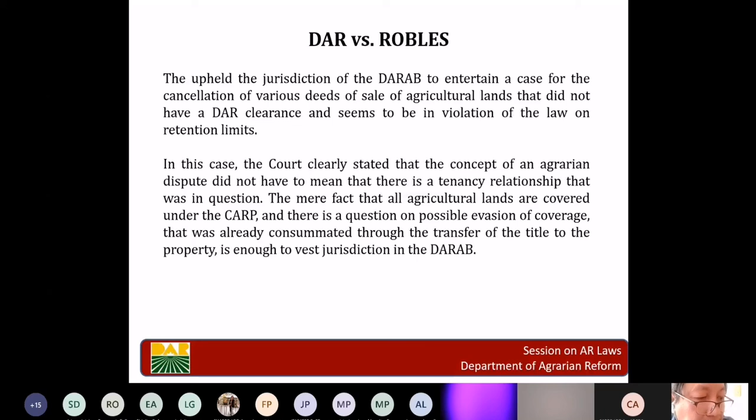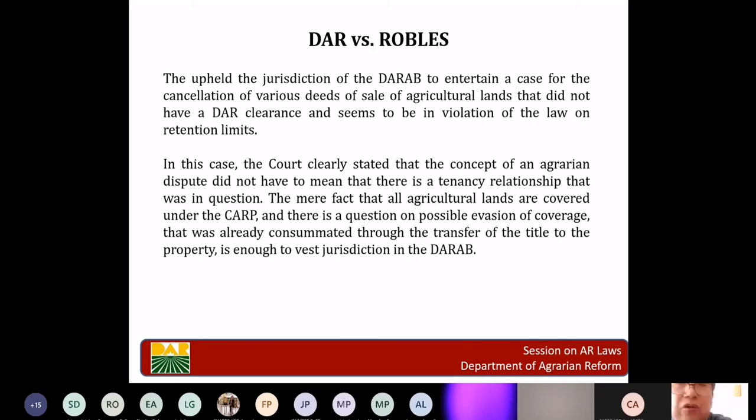Now, there are also cases which can be initiated before the DARAB without filing a verified complaint or petition. Example again is just compensation cases, and those cases referred by the Secretary to the DARAB. In those two situations, the proceedings before the DARAB can commence even without the filing of a verified petition or complaint.